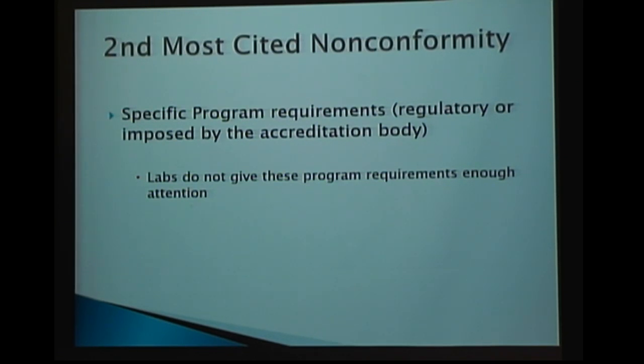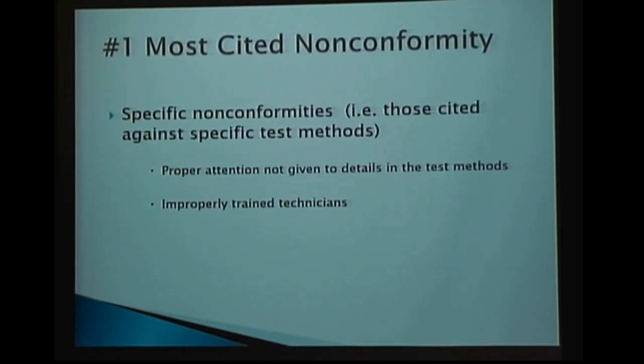And the number one issue, and I think this is music to my ears, because it means the assessors have concentrated on those specific conformity assessment tests, specific test methods that we're recognizing their competence to perform.